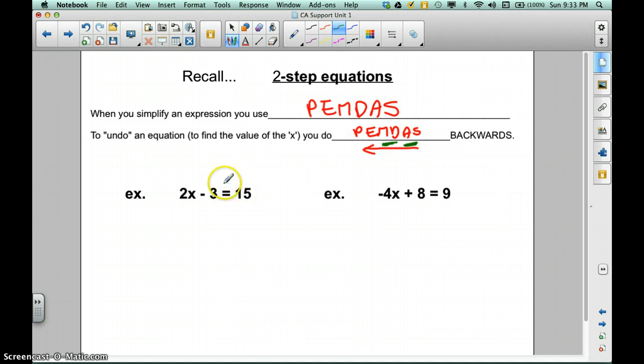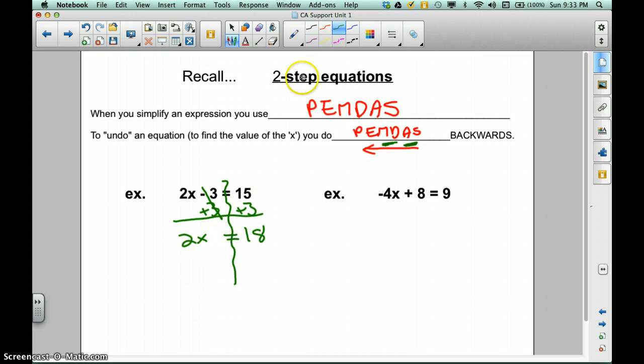And so here we're going to draw our little separation where the equal sign is. We're going to plus 3 to both sides because that's the opposite of minus 3. We get 2x plus 0, which we don't need, is equal to 18.